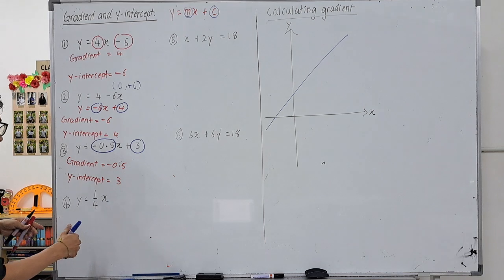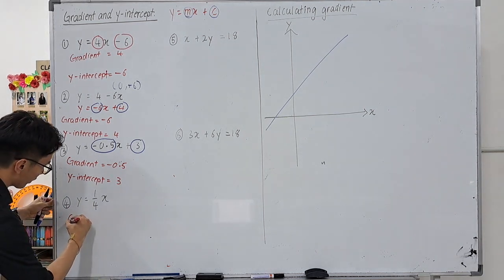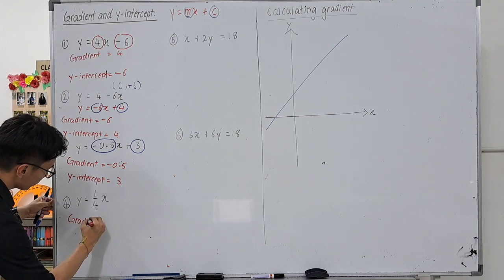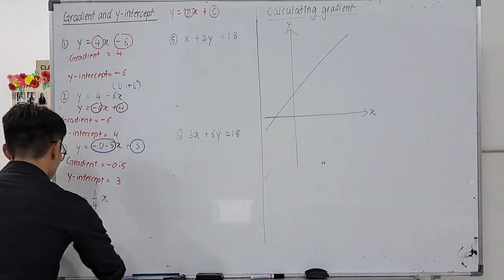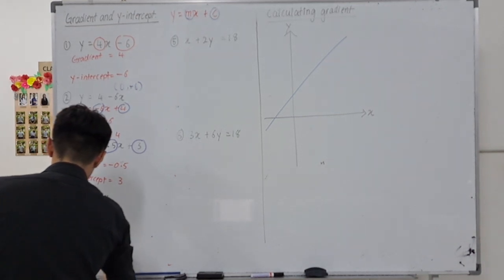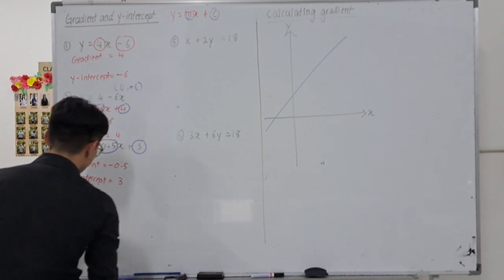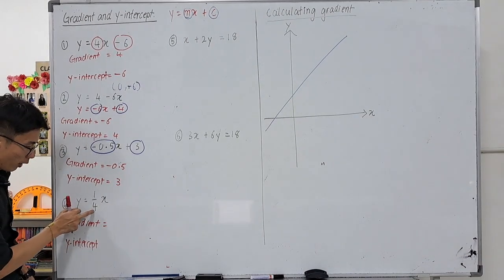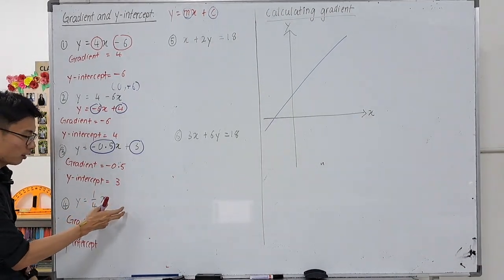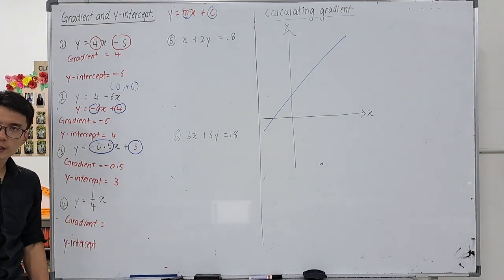Now what about this? In this case, we have our gradient here and we have our y-intercept. Let me write that down first. This is already in the form y equals mx plus c, but if you notice, the c is not there.